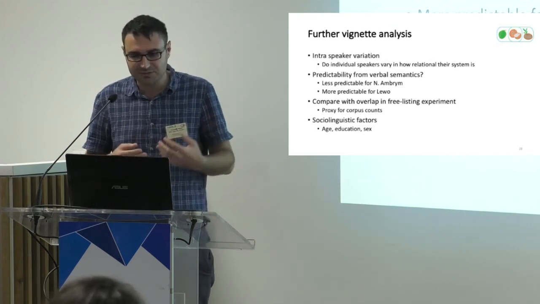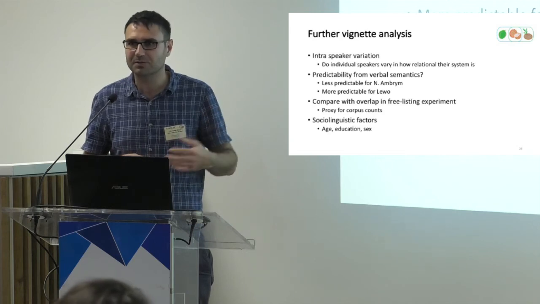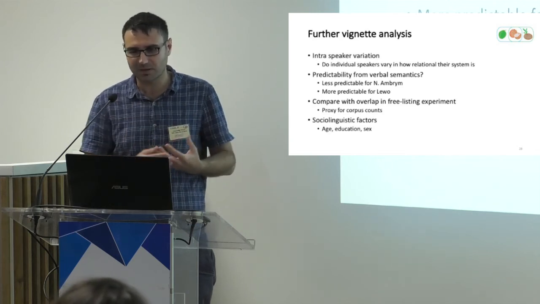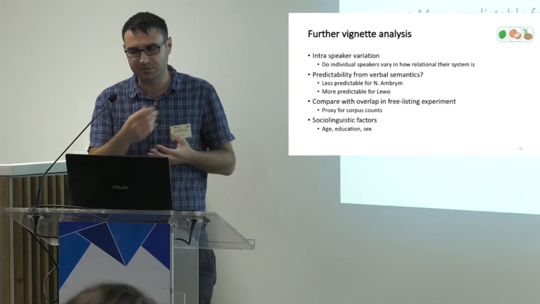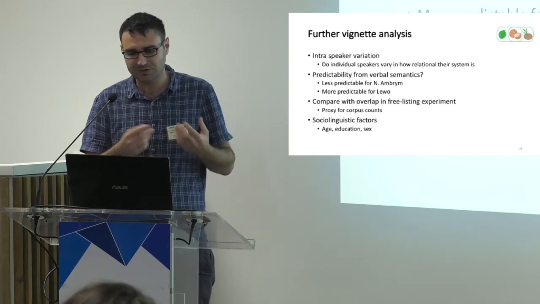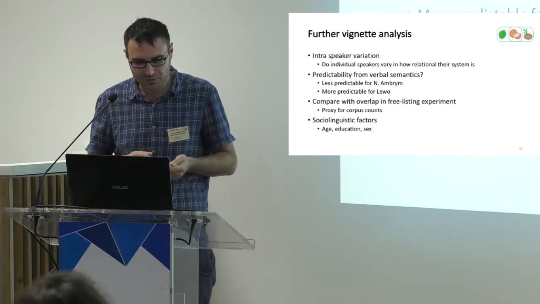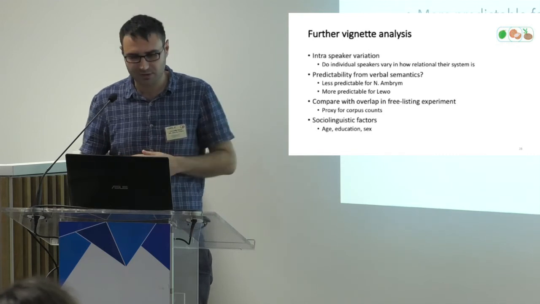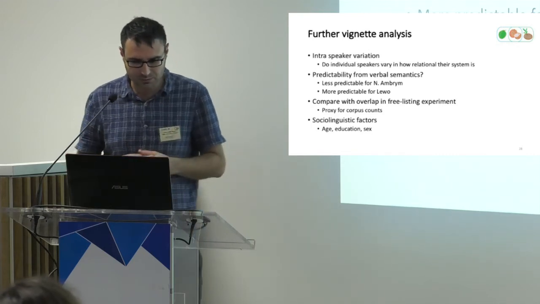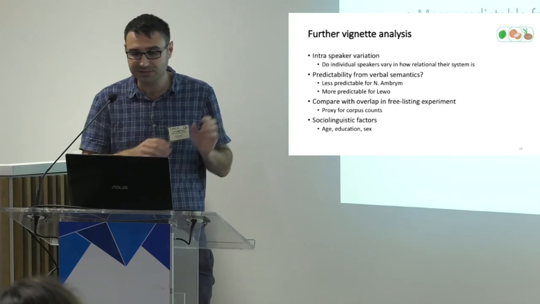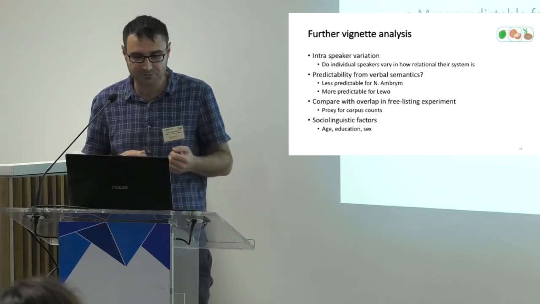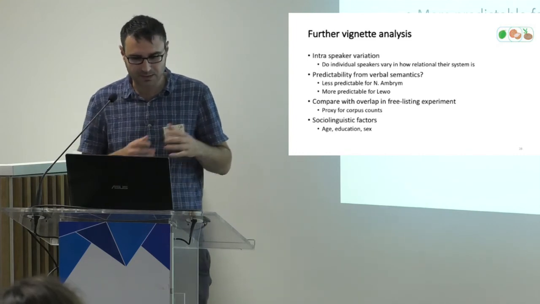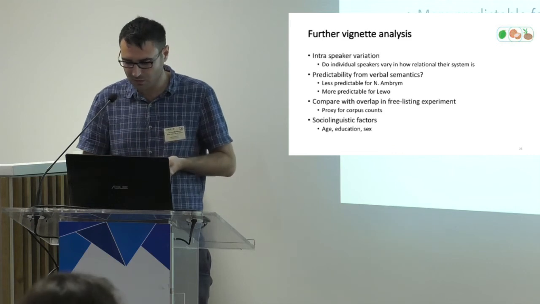I think that's less so for Northumbrian, because you can have the eating verbs or a drinking verb with a general classifier, and so on and so forth. But they're much more predictable in languages like Lewo. We also want to compare this with overlap in our free listing experiment, which we're using as a proxy for corpus counts, and to see if there's any overlap there.